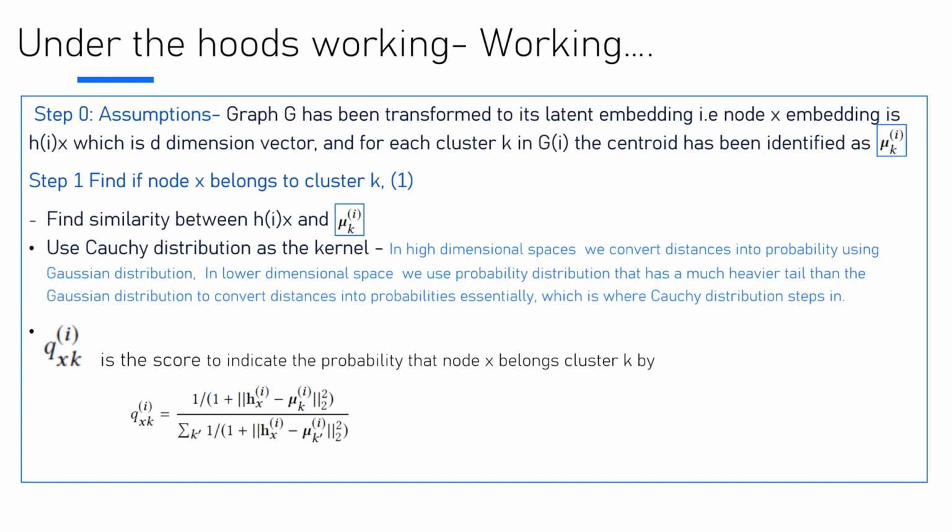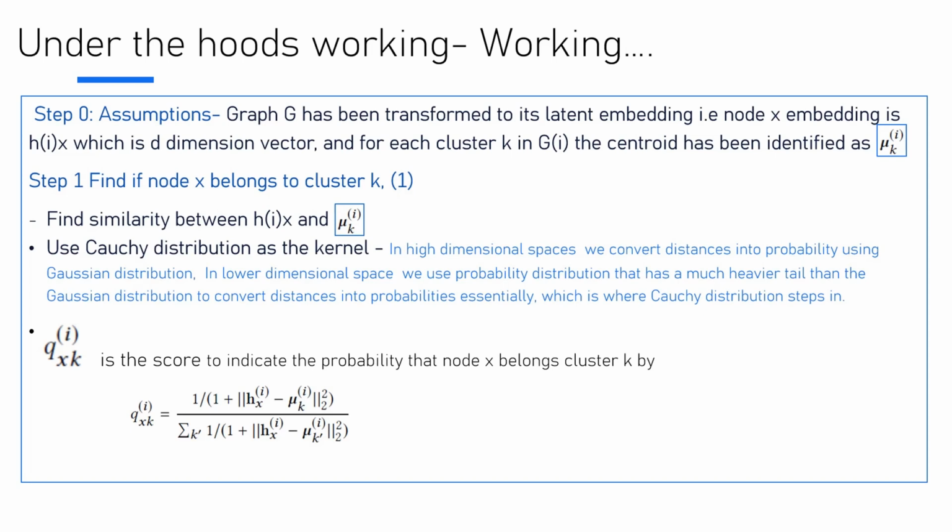That means each node X in graph G_I has been converted to its latent embedding, H_I of X, which is essentially a d-dimensional vector. Note that d_I is the dimensionality of the embedding space of G_I, and this is different for different I's.